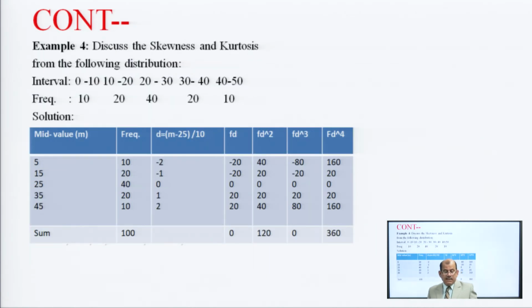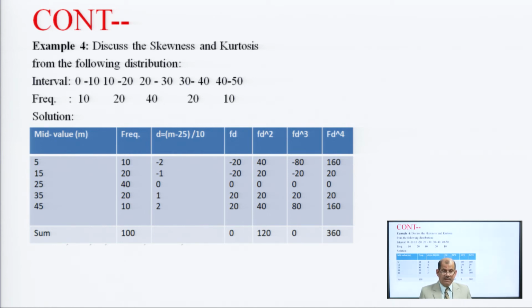Discuss the skewness and kurtosis from the following distribution. Interval 0 to 10, 10 to 20, 20 to 30, 30 to 40, 40 to 50.